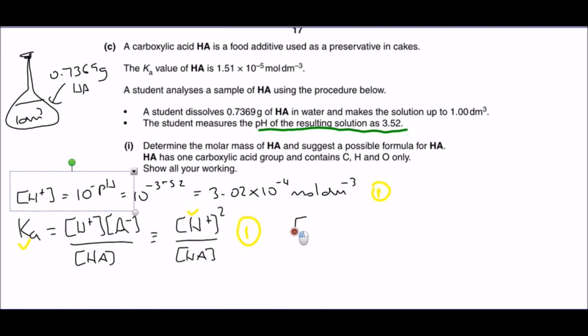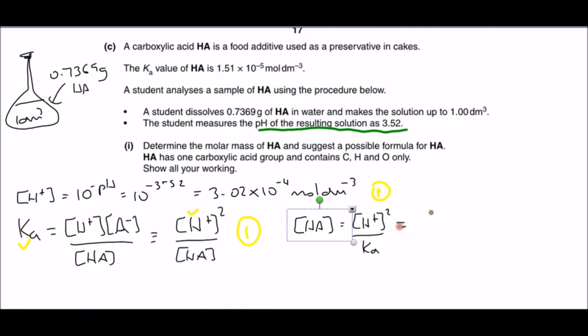So what we're working out is the concentration of HA, and that's going to be equal to H+ squared divided by the Ka value. Substituting those numbers, 3.02 times 10 to the minus 4 is our H+ concentration, and the Ka value is up here, 1.51 times 10 to the minus 5.